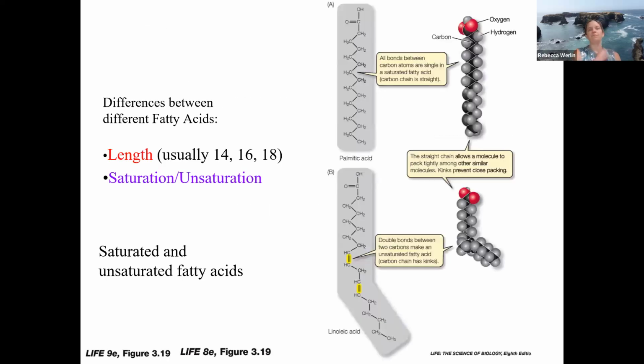Now, hydrocarbon chains come in two basic forms: saturated hydrocarbon chains and unsaturated hydrocarbon chains. If you are saturated, you have a full set of hydrogens, and every single carbon in a hydrocarbon chain will be covalently bound to two other carbons and to two hydrogens, as you can see.